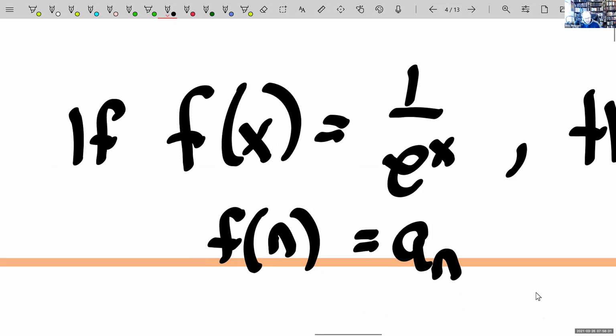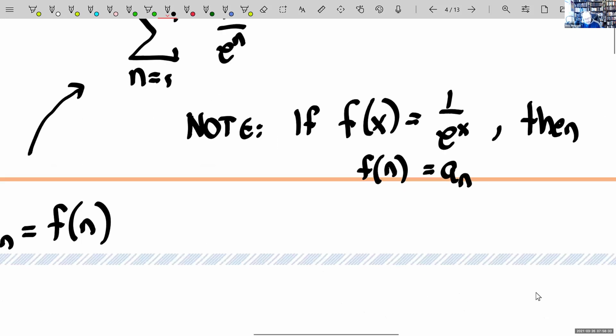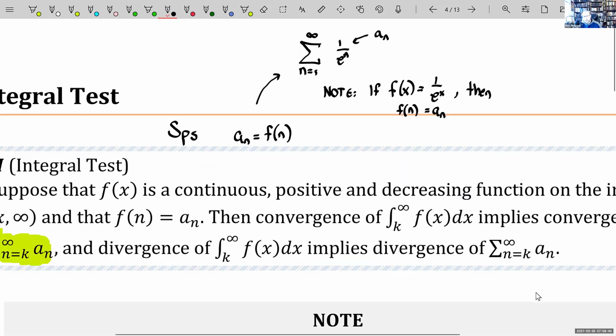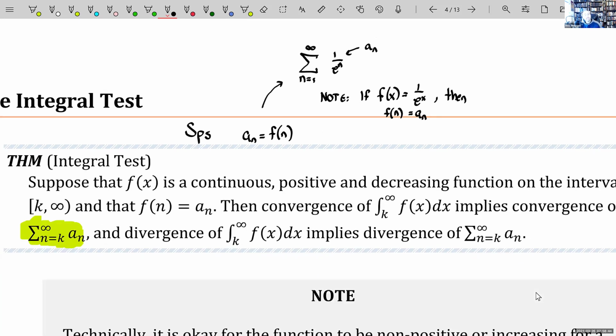All right, so let's go to the theorem. Suppose that we have a function. There are 3 very important conditions. We require that our function is continuous. I would say 1 over e to the x is continuous. We require that our function is positive. 1 over e to the x is definitely positive.